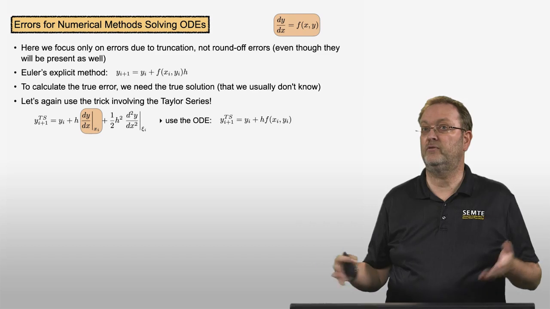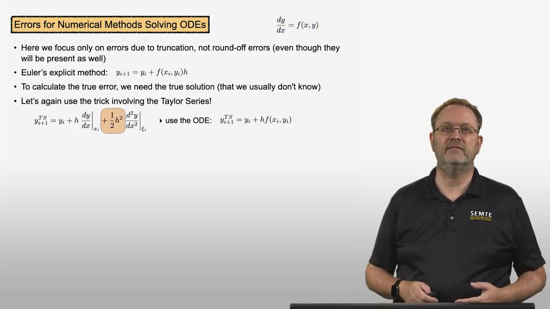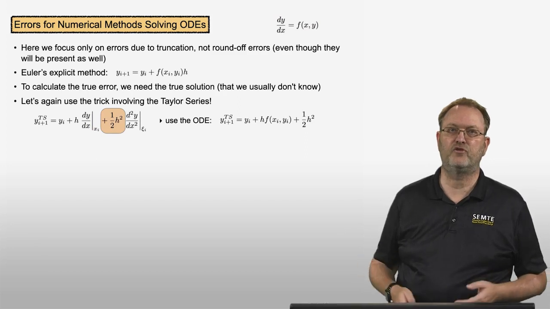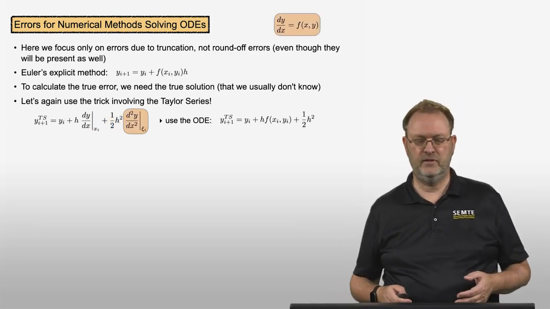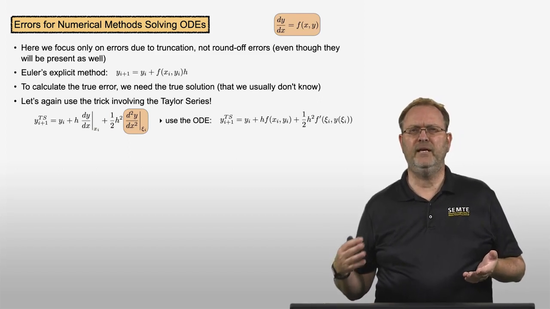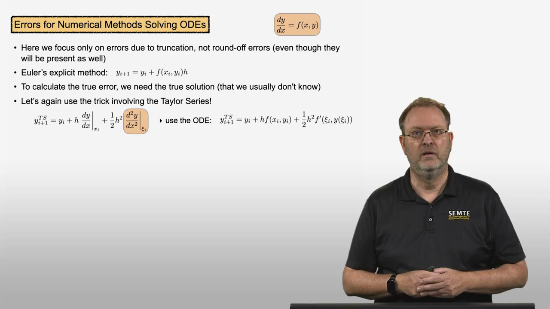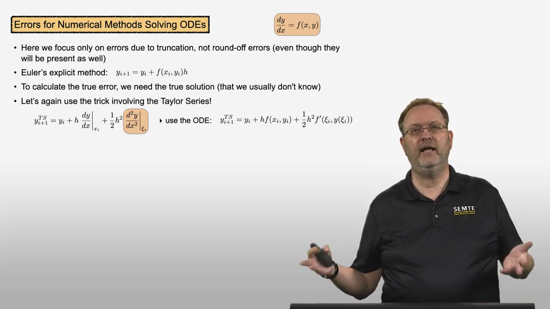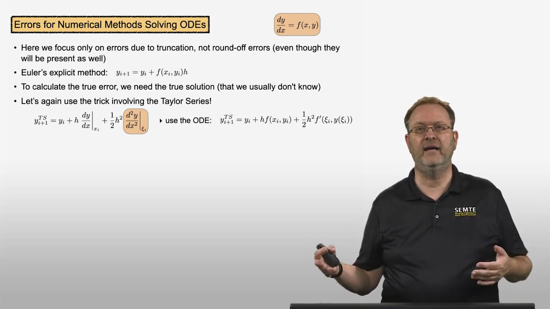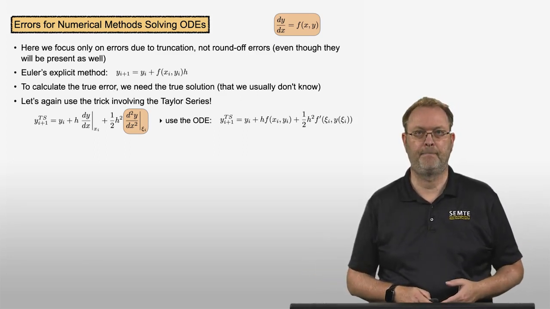So I have to evaluate the right-hand side function f at x_i, y_i plus 1/2 times h squared times this second derivative, which is simply the first derivative of the right-hand side, but evaluated at an unknown location xi_i and the corresponding y value at that xi_i.